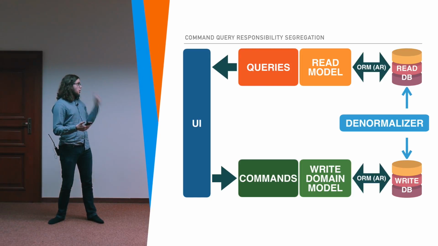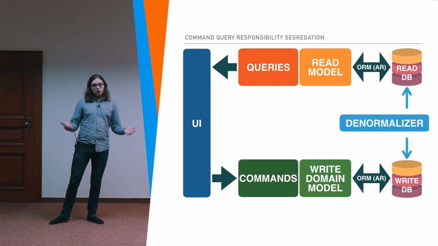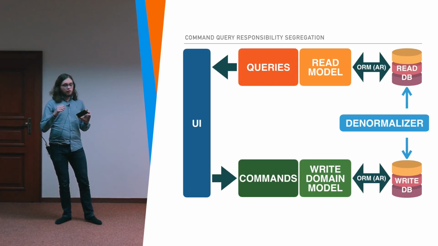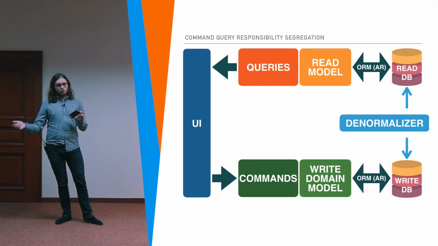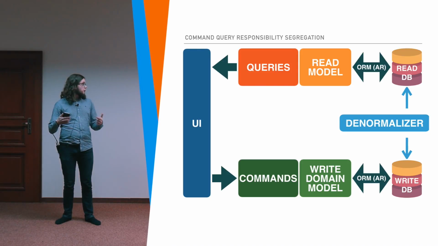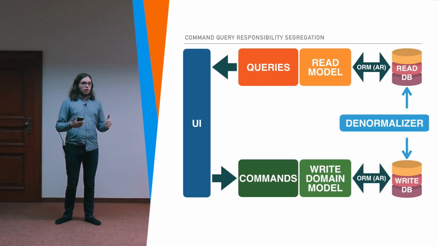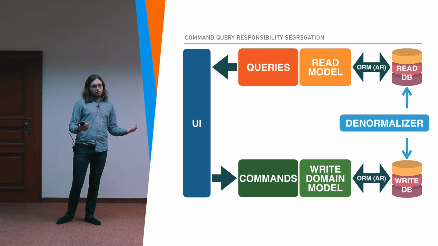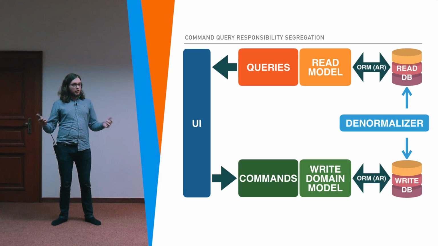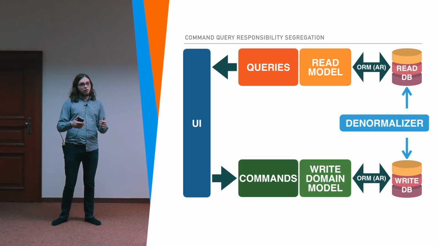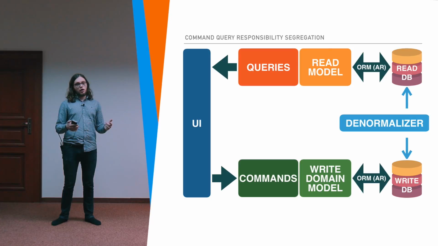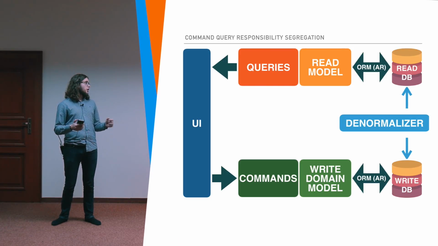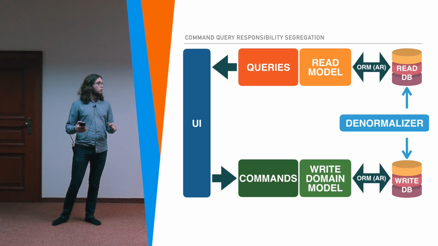So let's say you are Amazon, you have tens of thousands of users, and all of them are doing extensive searches, which are producing hard queries with lots of joins. And it's easier to put data into your database because you are using just simple Postgres, and you have hundreds of read databases that are denormalized, so you don't have to use any joins at all. And that's why it's considered to be extremely highly scalable.